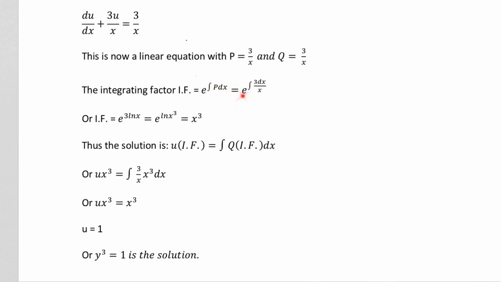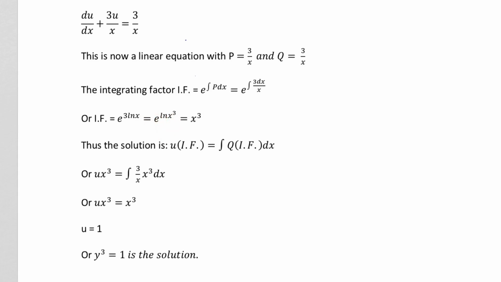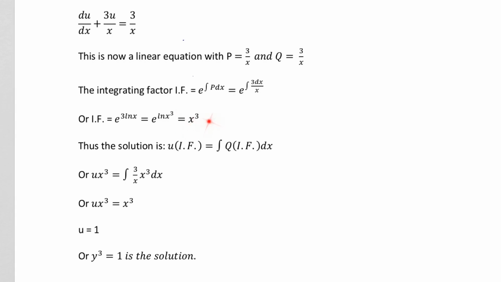Integral is equal to this, e to the power integral of 3 dx by x, or integrating factor is equal to e to the power 3 ln of x is equal to e raised to the power ln of x cube. Since e and ln cancel out, the result is x cube.